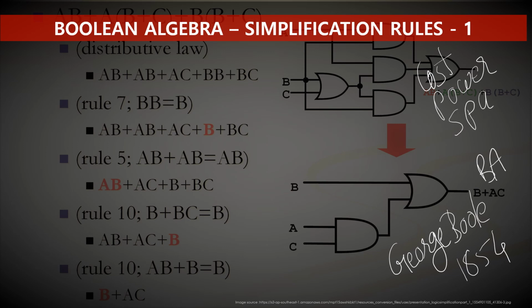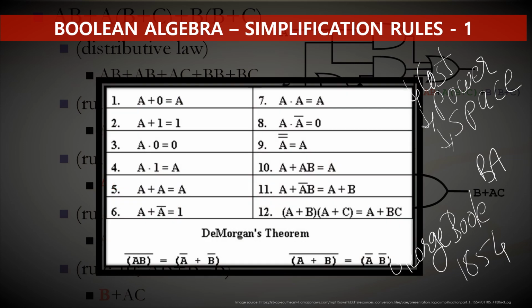So these three factors are most important to simplify any expression, which can reduce the cost, reduce the power, and reduce the space. So let's see the rules. Here you have different rules. As we simplify different expressions, we'll understand the significance of each particular rule.